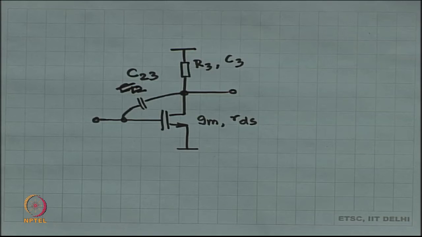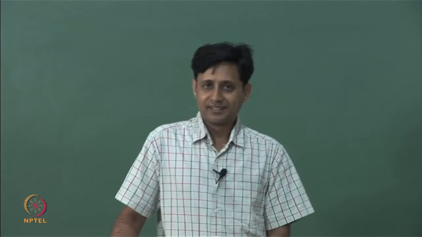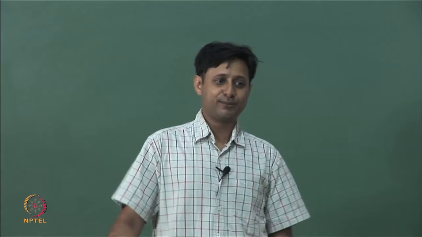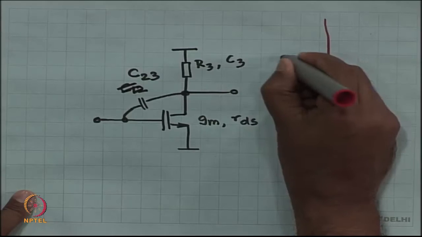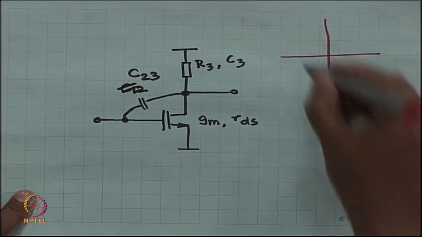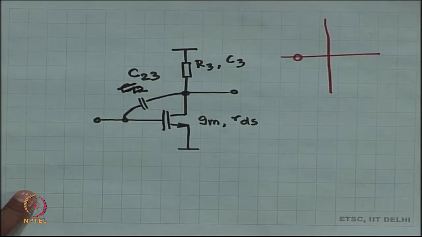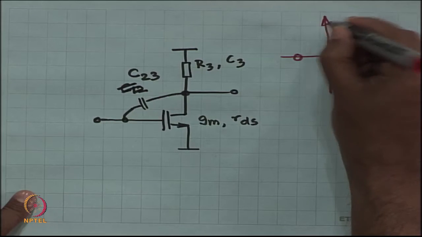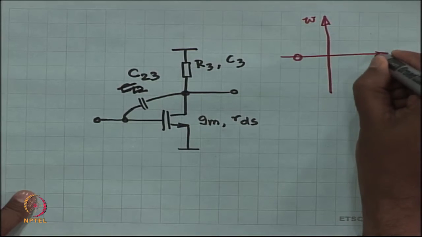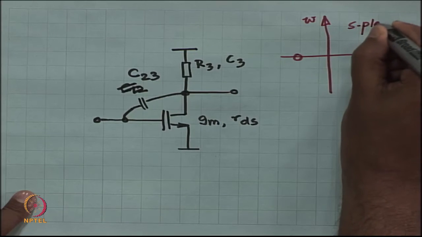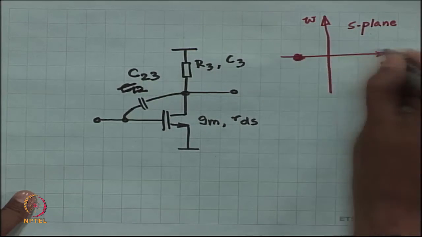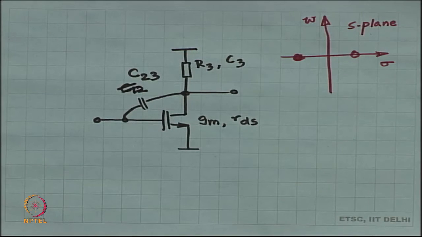However, you also have to understand that this frequency that we are talking about is not really any frequency. On the S plane, this frequency happens to be on the real axis, it is a right half plane 0. So, it is going to be over here.